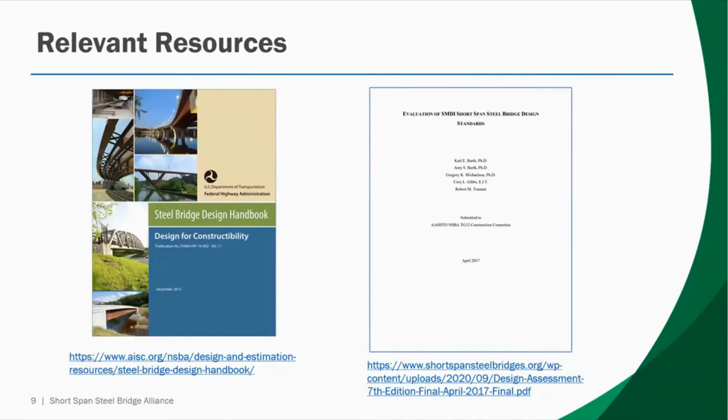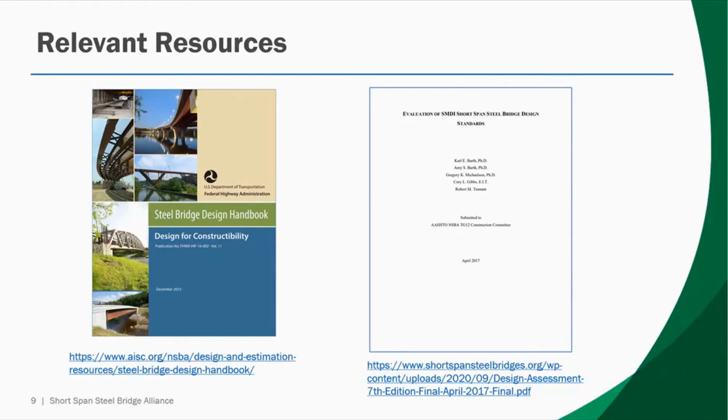There are two really relevant resources that would be very beneficial to review when beginning the process of designing a short span steel bridge. First off, the Steel Bridge Design Handbook has a chapter specifically on the design for constructability. You can find that at the link shown. Also, the Short Span Steel Bridge website has a comprehensive design example of a representative short span bridge that you can find at the link on the right.